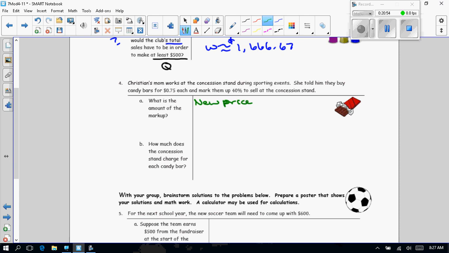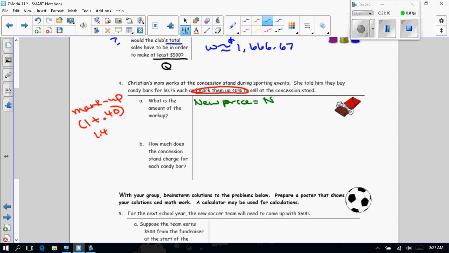We know that it's a markup of 40%. Remember, when we do a markup, we do 1 plus whatever our percentage is as a decimal. So our markup is 1.4.